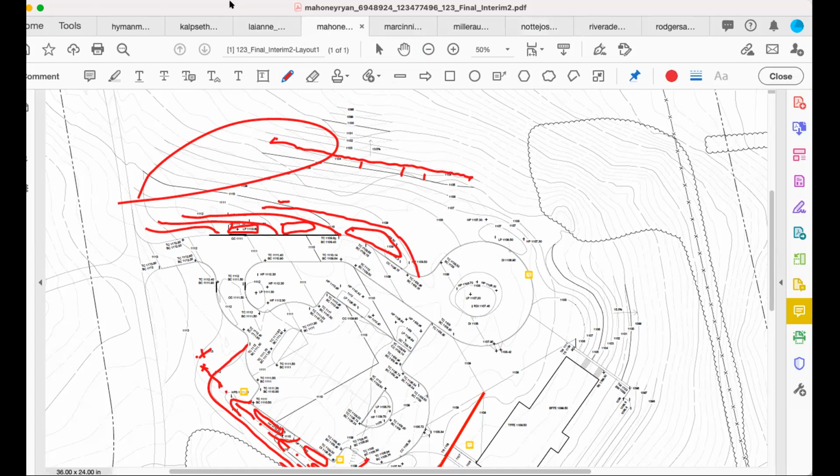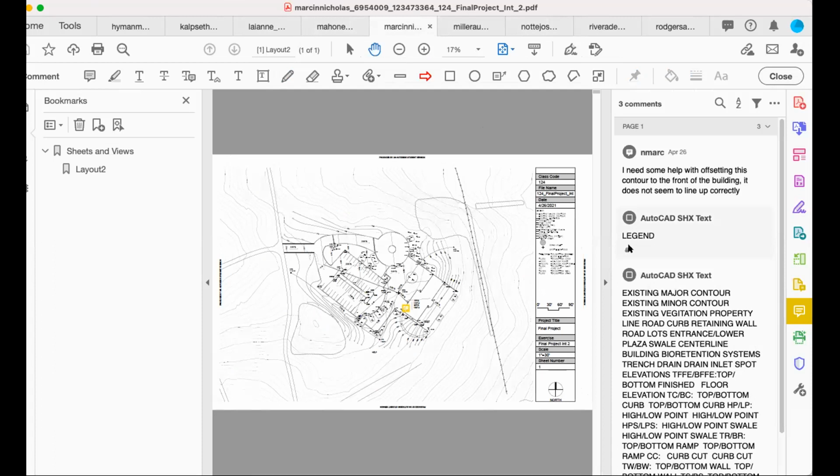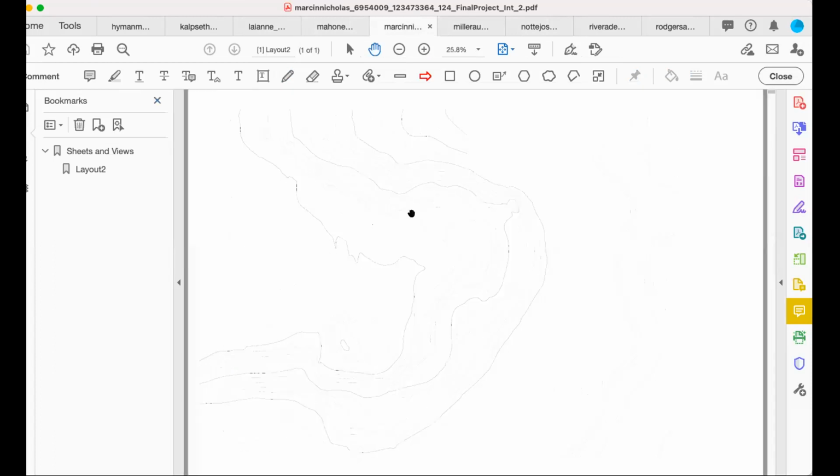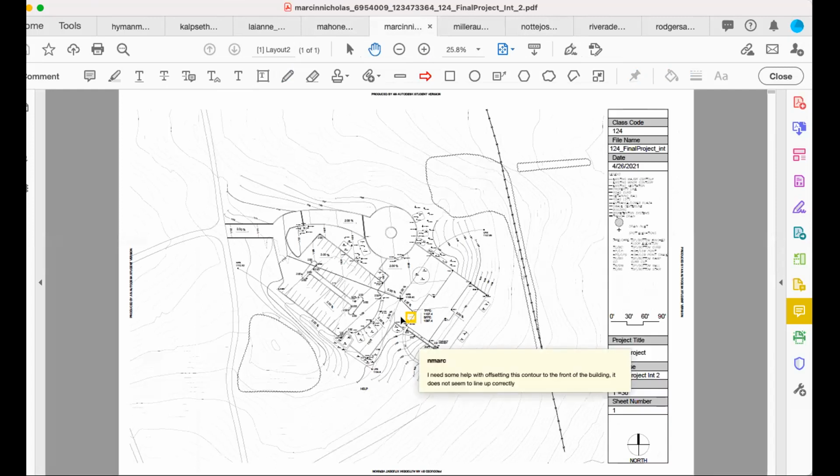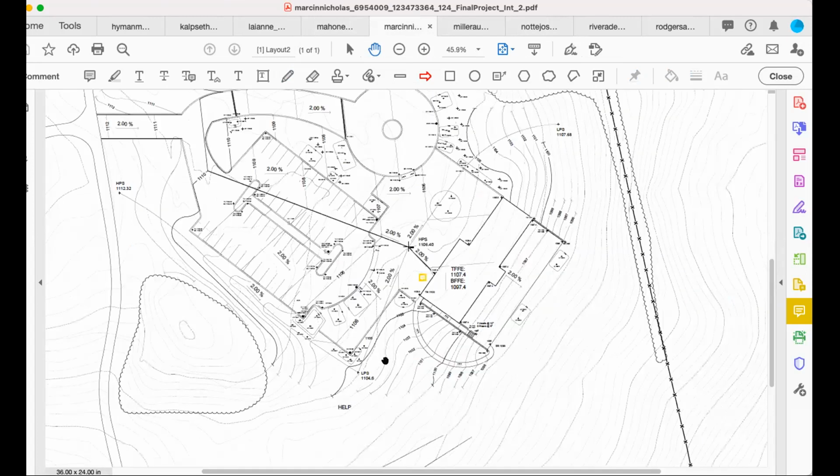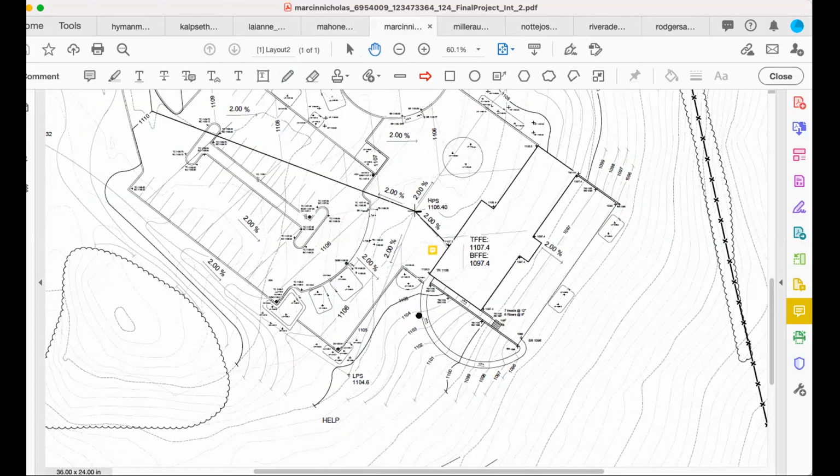Okay, let's move forward. This is Nick's work. I need some help with offsetting this contour to the front of the building. It doesn't seem to be lined up correctly. Okay, zoom in. We have that center line.